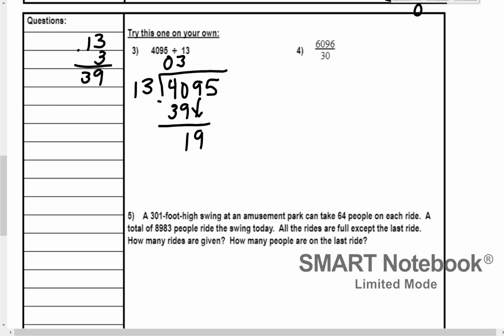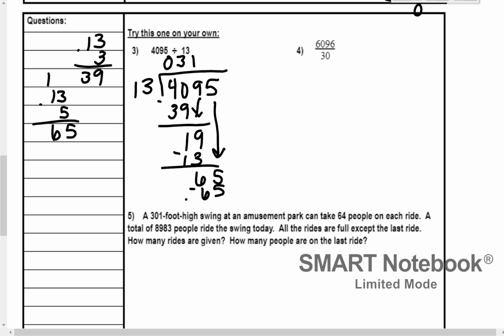Bring down my 9. How many times can 13 go into 9? Just once. 1 times 13 is 13, so we subtract 13. We're left with 6. Bring down that 5. How many times can 13 go into 5? I'm not sure. I'm going to take a guess that it's 5 times, but I'm going to show my work to make sure. 3 times 5 is 15. 5 times 1 is 5, plus 1 is 6.